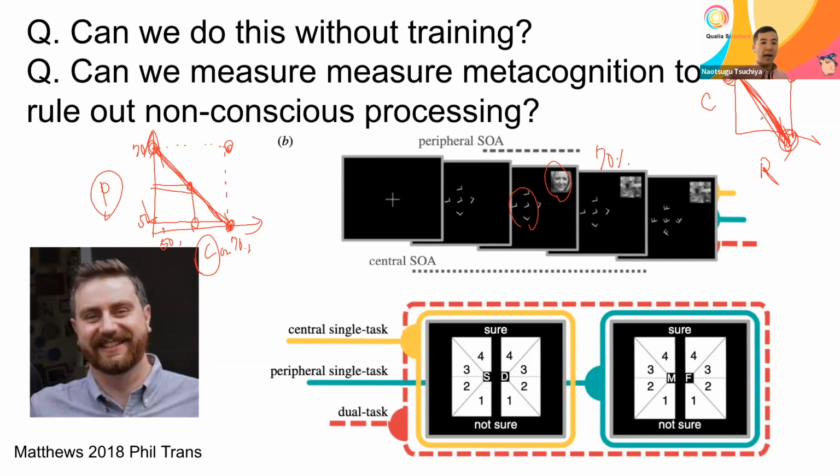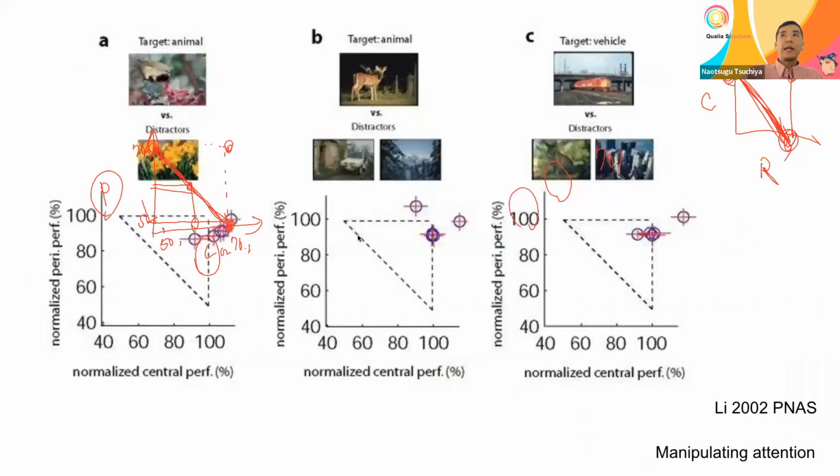But in the case of the animal, in the last figure, it's located at the top right, which means that these two tasks do not interfere with each other here. So the difficulty is the same, but the attention does not compete for each other.